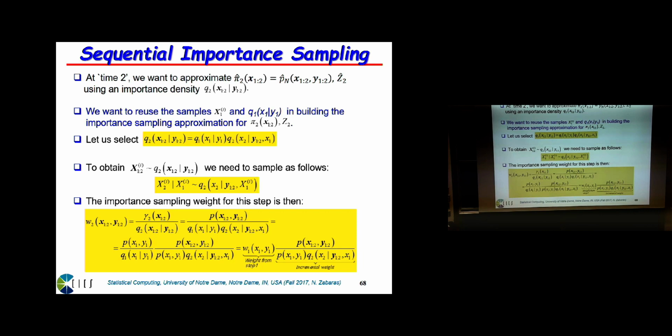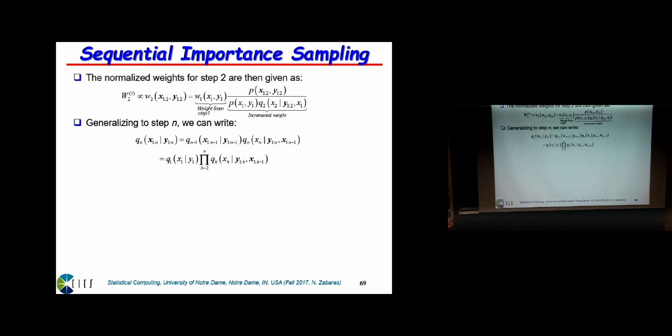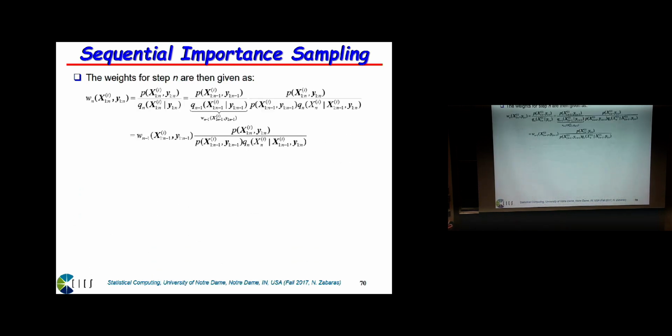So every time you only sample at that time, you keep the previous weights, you keep only the previous sample, and then you update. And the algorithm basically, if you use this trick at all times, let me just give you the general expression for the weights. The weights at time n will be the weights at time n minus 1 times this incremental weight.